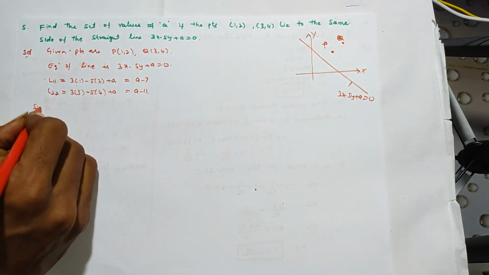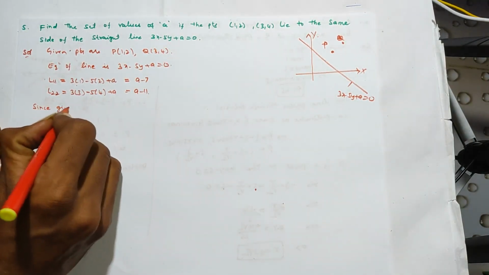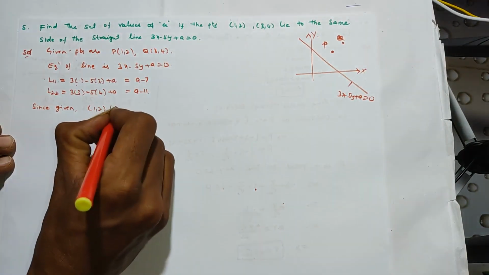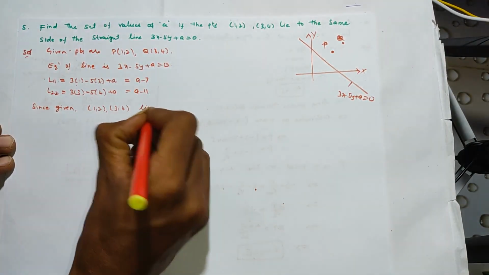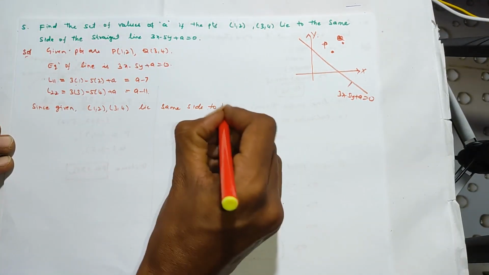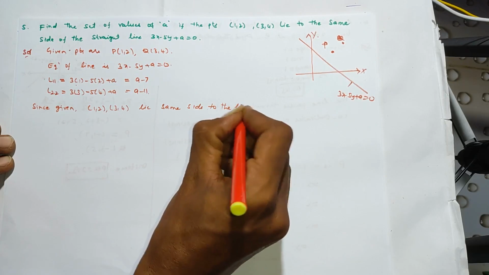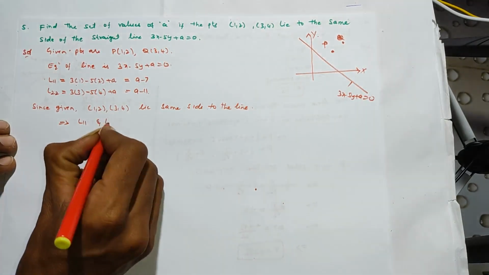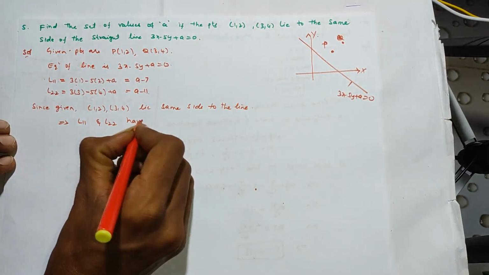Since given points (1, 2) and (3, 4) lie on the same side of the line, which means L11 and L22 have the same signs, right?